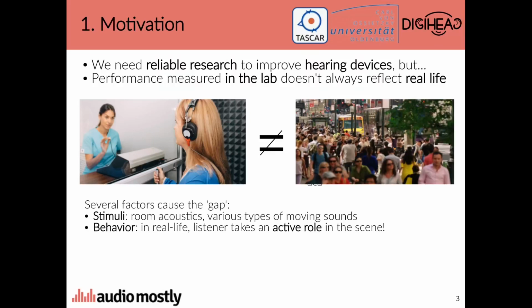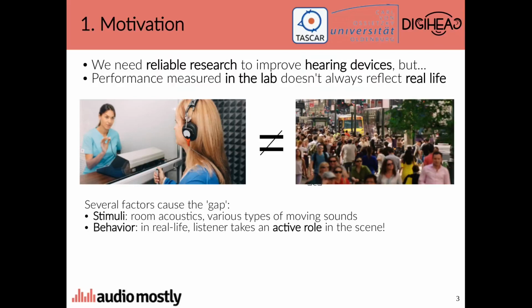But the problem here is that the performance of some hearing aid algorithms is usually measured in the lab, and the results that are measured in the lab don't always reflect how those devices really work in real life.